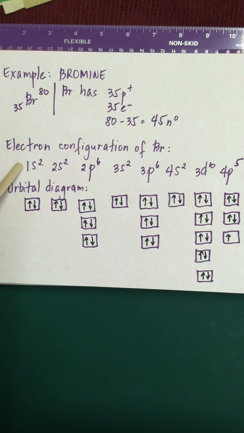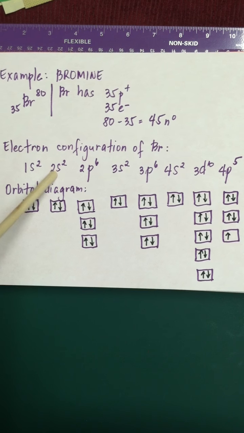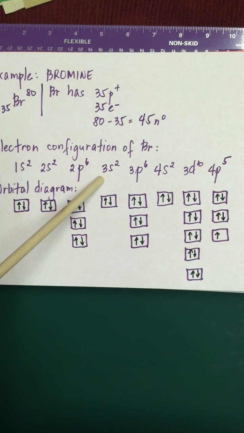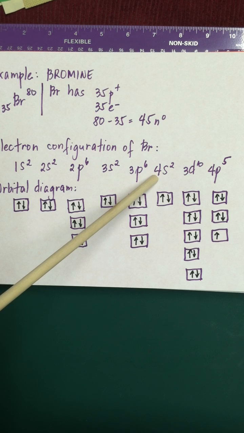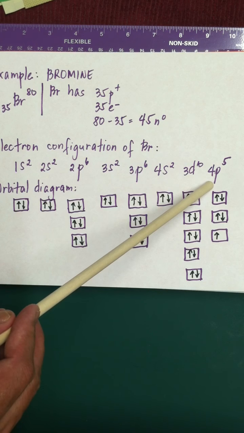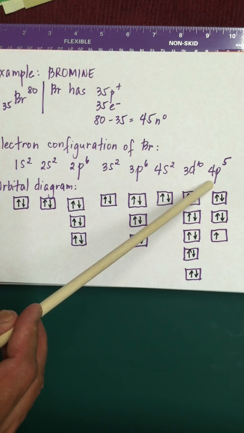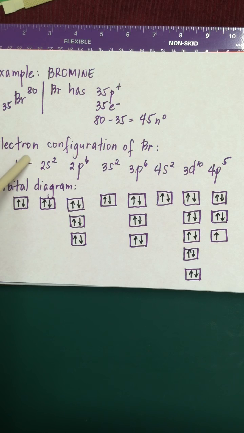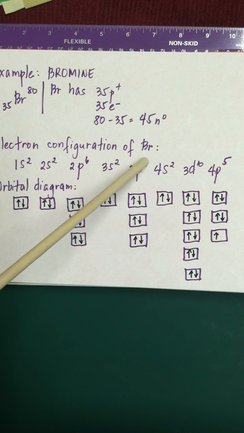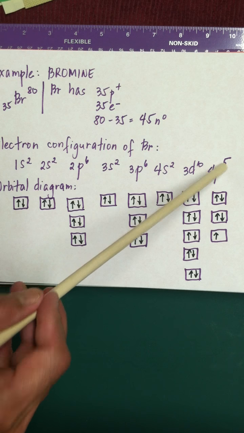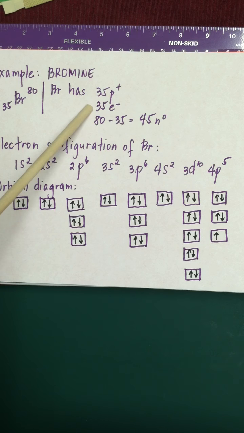So its electronic configuration is 1s2, 2s2, 2p6, 3s2, 3p6, 4s2, 3d10, 4p5. And if we add up all the superscripts here, they would sum up to 35, which is the number of electrons that we are distributing for bromine.